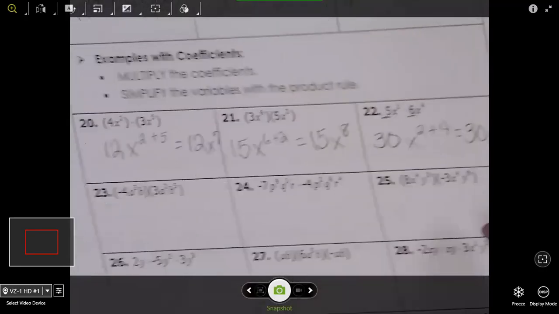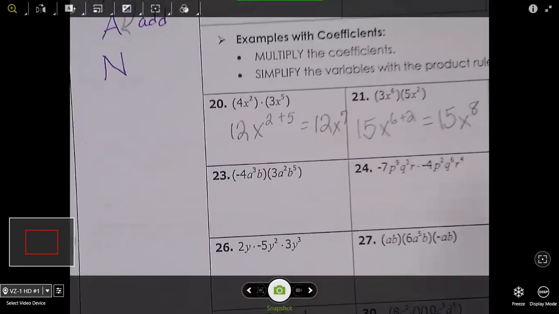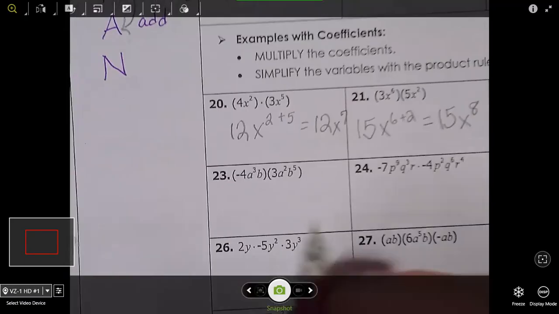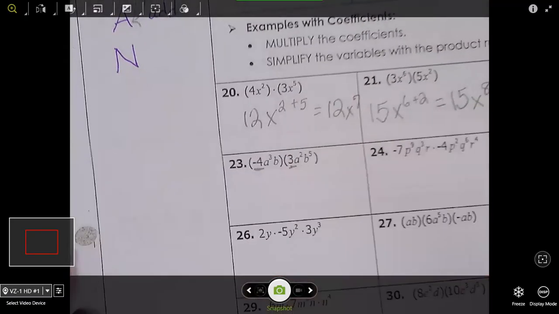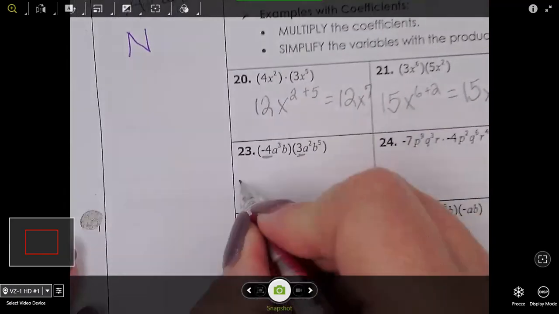Okay, so 23. This time we have more than one variable. When we're multiplying and dividing, it does not matter if we have the same exponent or not. They don't have to be like terms. So in number 23, I'm going to multiply my coefficients. 4 times 3 is negative 12.